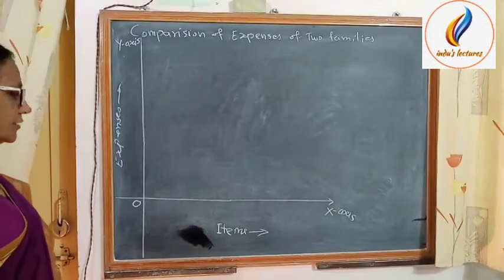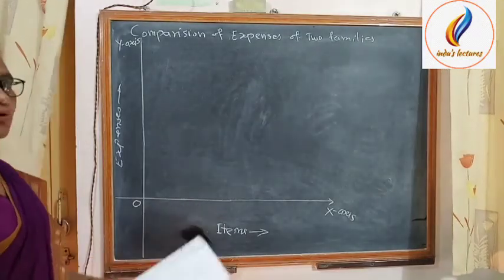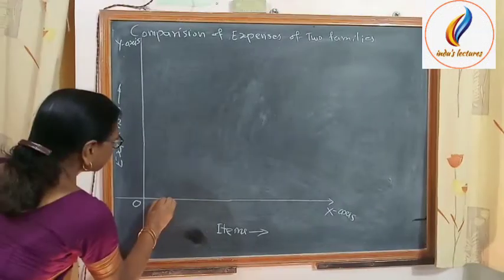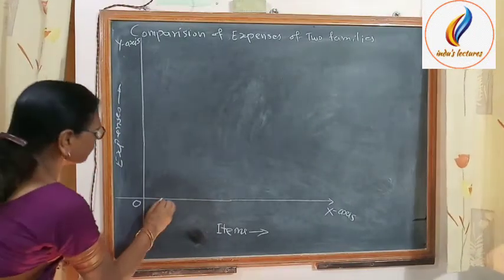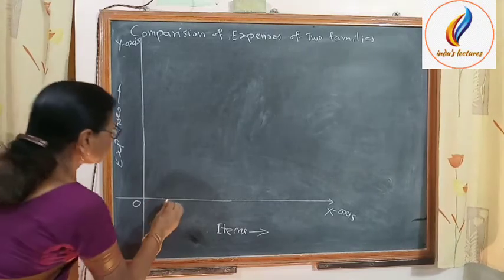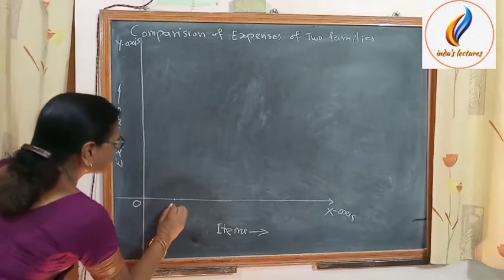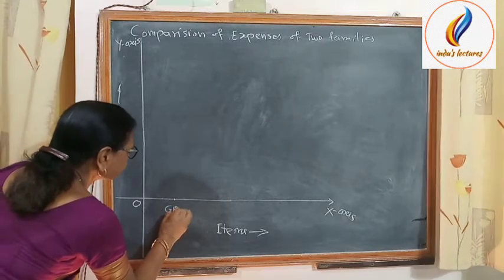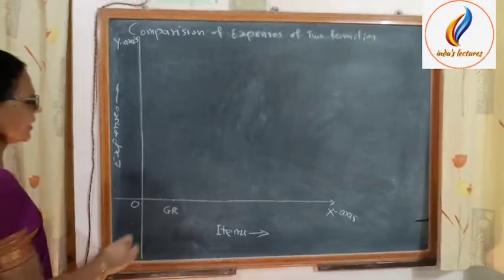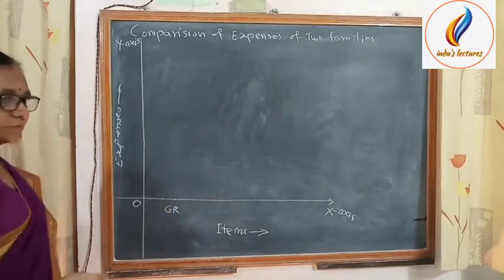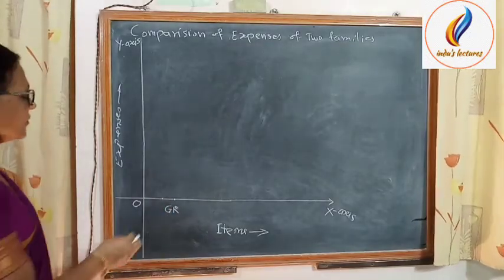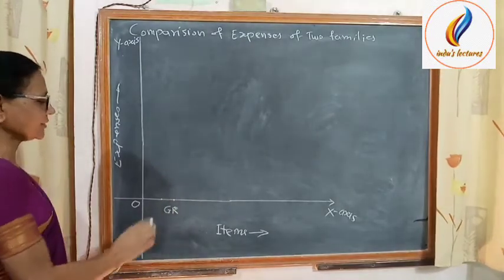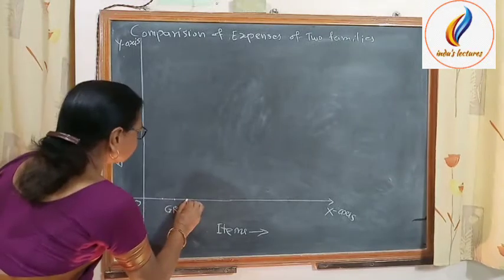Now consider the first item, grocery. We will use short forms and leave some particular space from the origin and between bars. So first is grocery, for which we will use GR. GR means grocery, and we have to use a multiple bar graph. So the first bar is for the first family and the second bar for the second family.